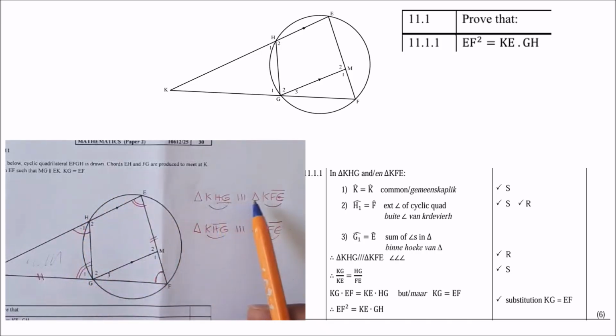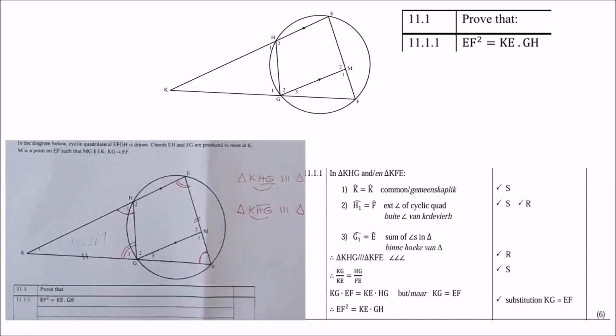And I'm first going to prove them similar. They are similar because angle K is common for both. Then angle H1 is equal to angle F, exterior angle of a cyclic quad. And then, of course, we have G1 equals angle E. We can use the sum of the angles of a triangle to prove that. Therefore, the two triangles are similar, angle, angle, angle.